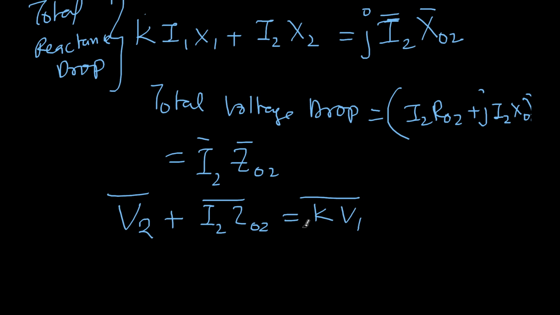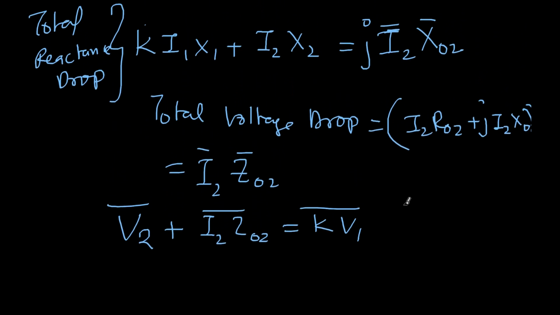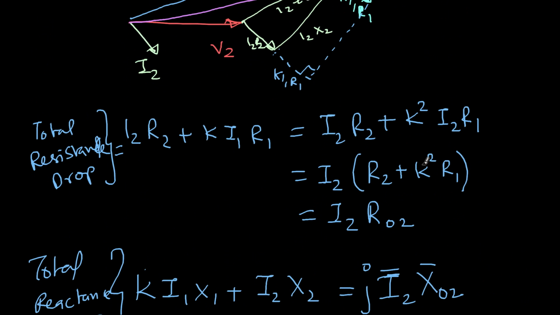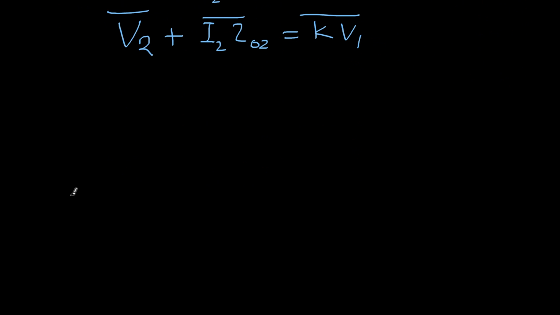All right. So these are terminal voltages. So now you see, we can further simplify it actually. If you look at it, I have V2 again. So once again, this is I2 R0 1.